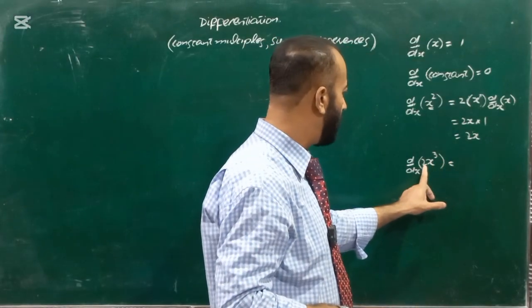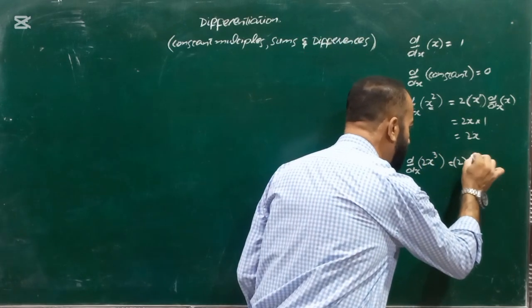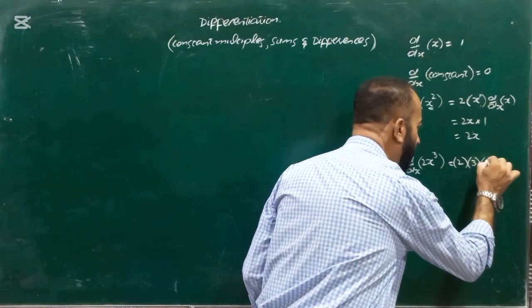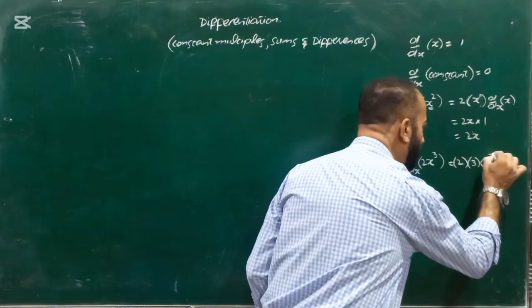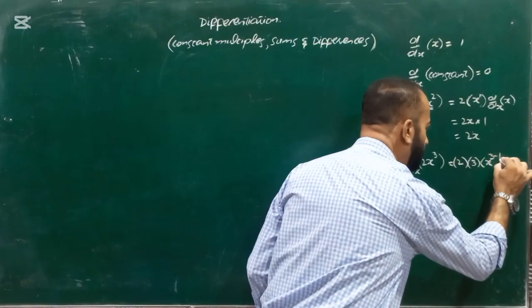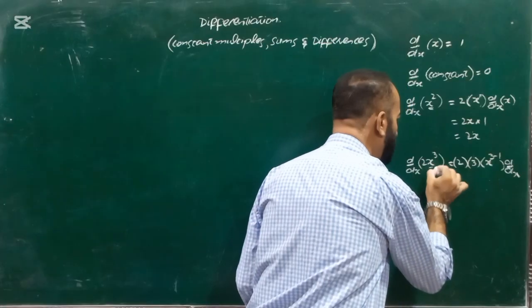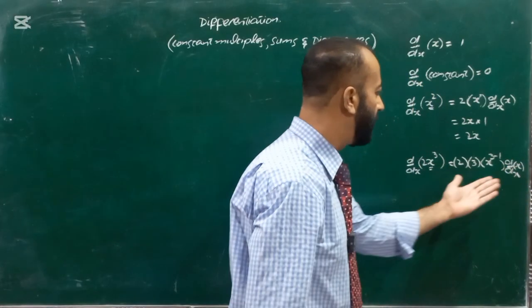So when it comes down, 3 2s are 6. Make 1 less from the power. So 1 less from the power will be 3 minus 1. And take the differential of the original variable which is having power.